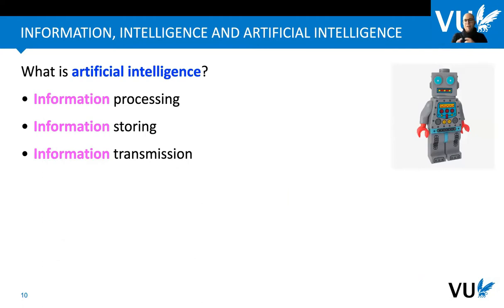And so if we have information inside, right, we need to think about these three super basic components. First, information processing, right? We need to somehow retrieve the information from the environment and process it somehow. Then we have information storing.